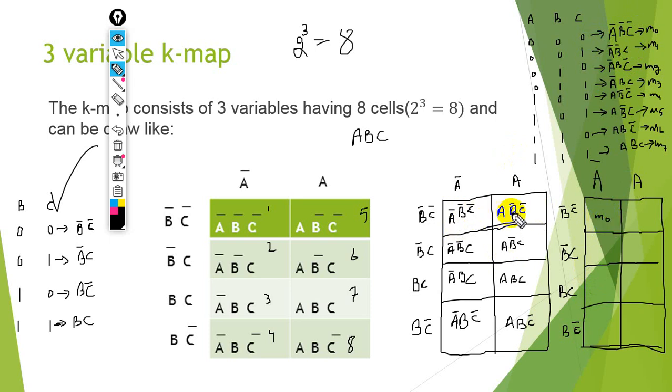Next is A bar B bar C, so this is M1, this is M3, this is M4, this is M5, this is M6. Check again whether M5 is A B bar C or not.